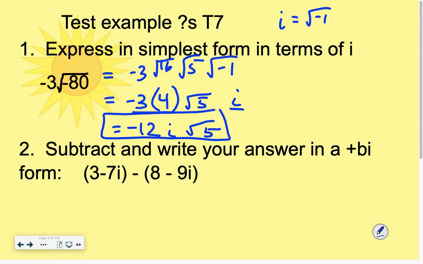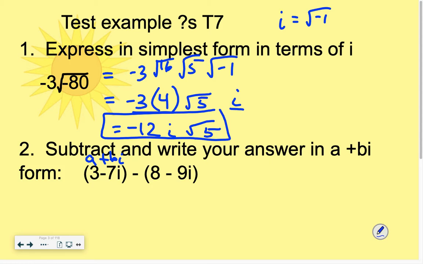So those are probably the toughest type in the basic part. The adding and subtracting complex numbers: remember, a complex number is a number that's in a plus bi form. It has a real part and an imaginary part. So the real part here is 3, and the imaginary part is negative 7i.